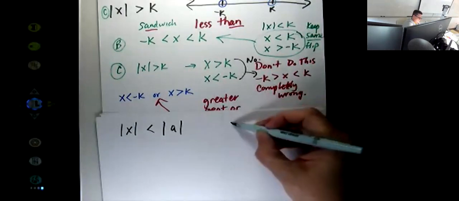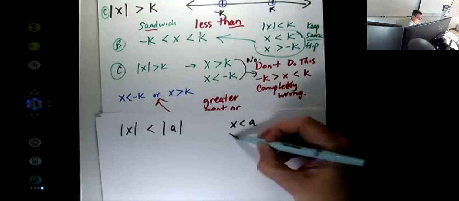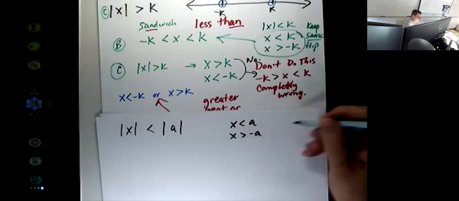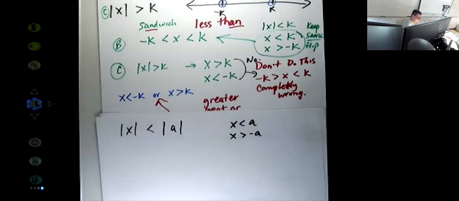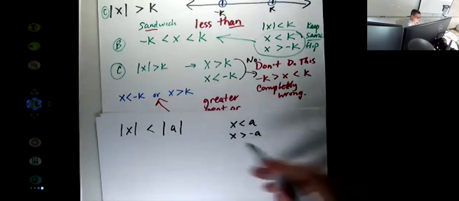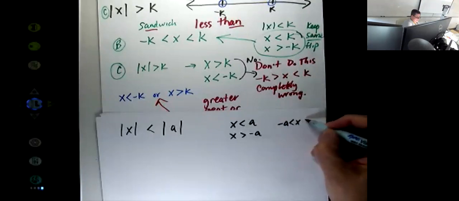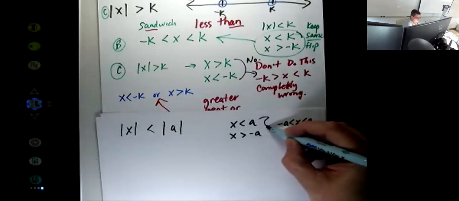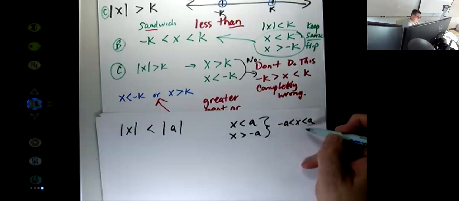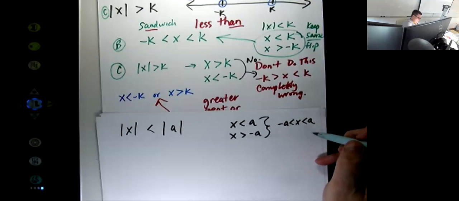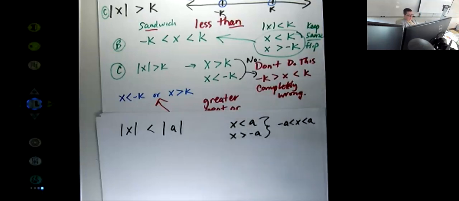We're still gonna go x is less than a, and x is greater than negative a. Which would put this together to make negative a is less than x, which is less than a. Those go together fine, it's a less than, so it's a sandwich. But even though there was two absolute value signs, we do one where it's positive, one where it's negative.